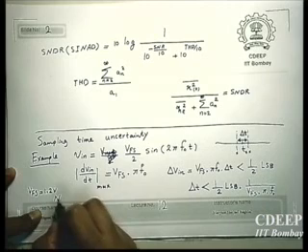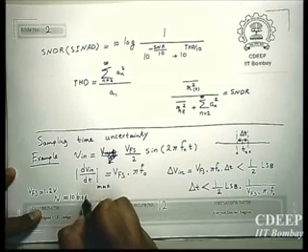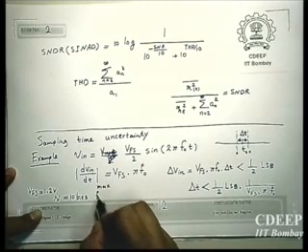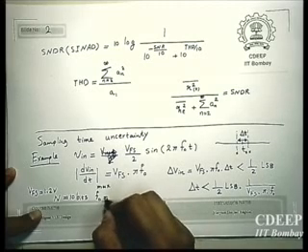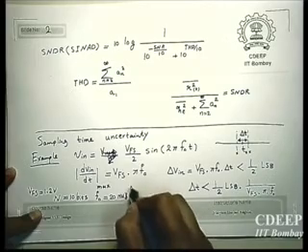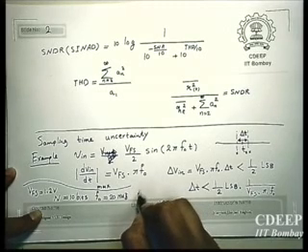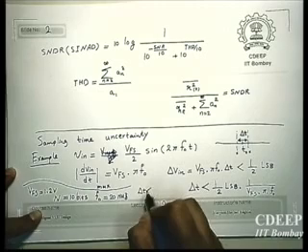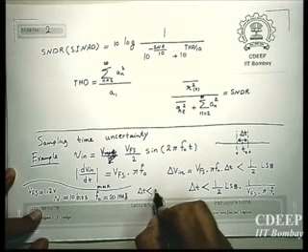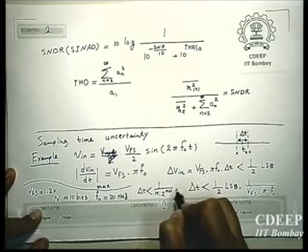Suppose you want 10 bits resolution, and signal frequency, say, 20 megahertz. Your delta t will be less than, I just replace, LSB will be V full scale upon 2 to the power n, therefore it will be 1 upon pi times 2 to the power n plus 1 into f0.